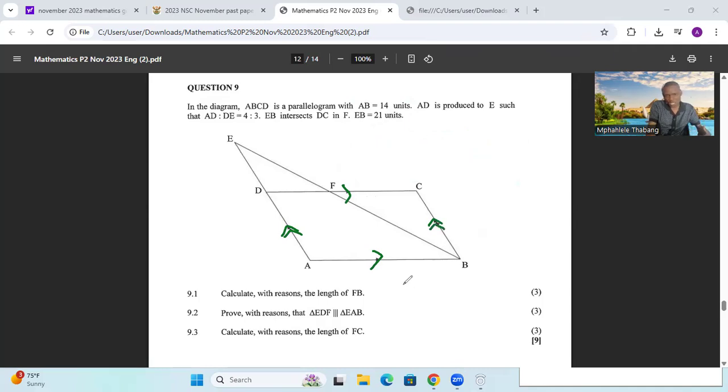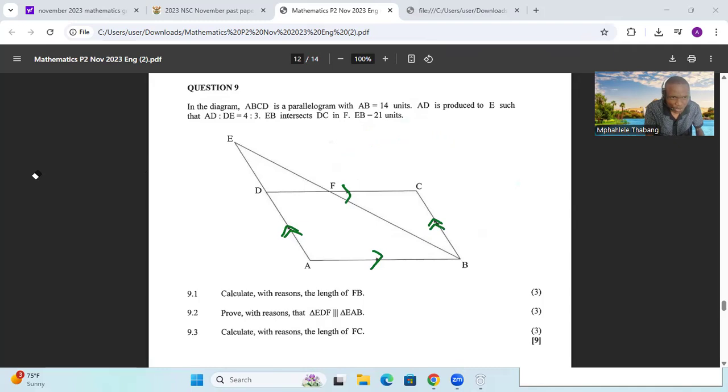Now, opposite sides are not only parallel. I have a right to say DC is equal to AB, because DC is opposite to AB. I also have a right to say DA is equal to CB. These are the opposite sides of a parallelogram, parallel and equal. Now, they went again and they said AB is 14 units.